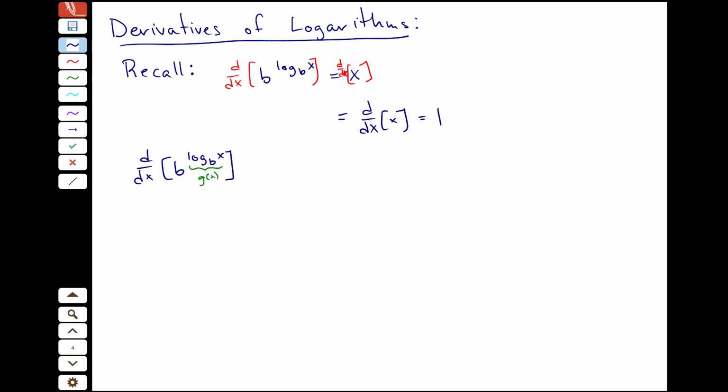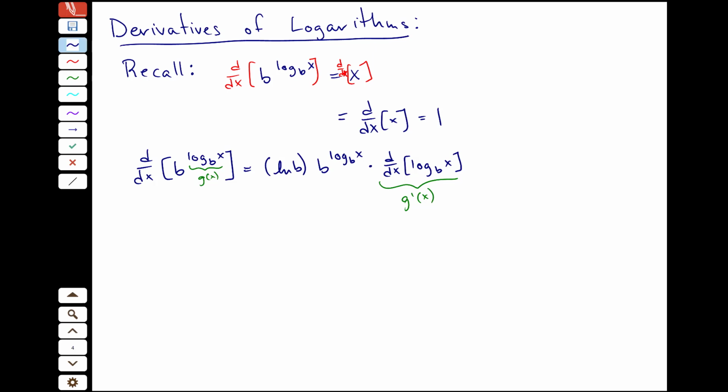When I take the derivative of an exponential with base b, I get this extra natural log of b, and then the exponential function stays the same. It's its own derivative, b to the log base b of x, but then the chain rule tells me I have to multiply by the derivative of this g of x. But I don't know what it is. So I have to take its derivative just by writing, okay, take the derivative of this thing. So again, here in the chain rule, this is g prime of x.